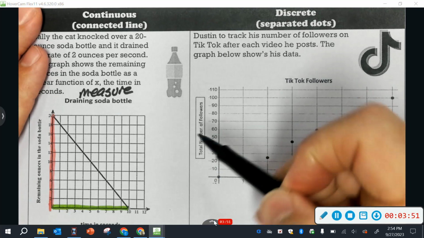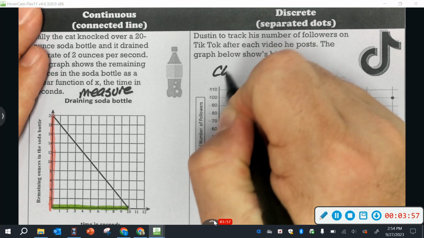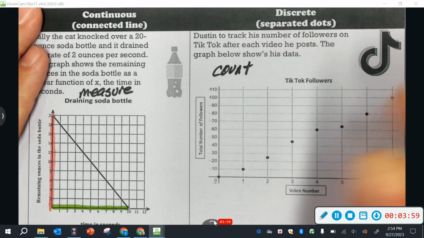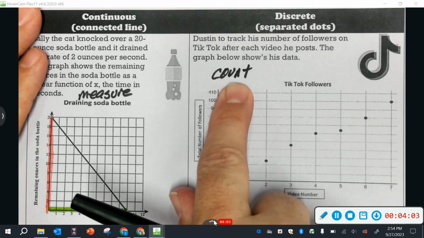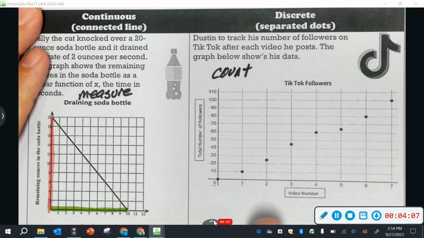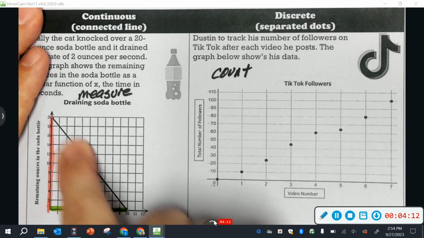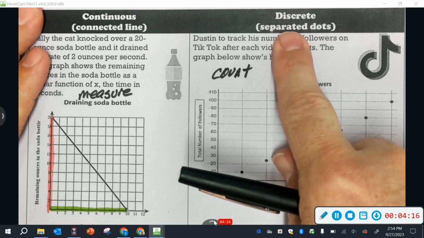Okay, so number of followers or the number of videos, that is counted. We count videos, we count followers. We don't measure them, okay? So when we count, that means we have a discrete situation, and so the dots are separated. So notice here we just have dots. We don't have a connected line. So when you see dots, that means discrete, okay?